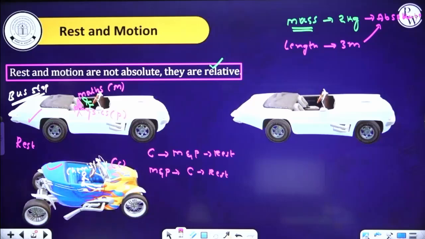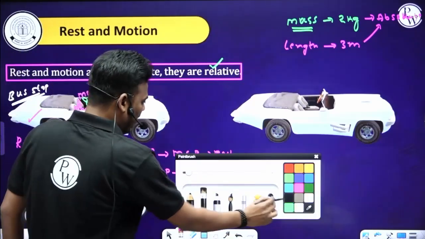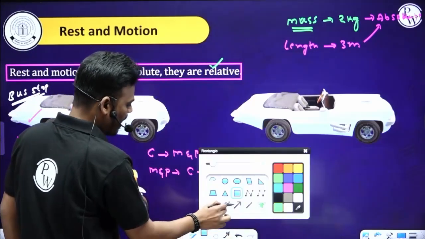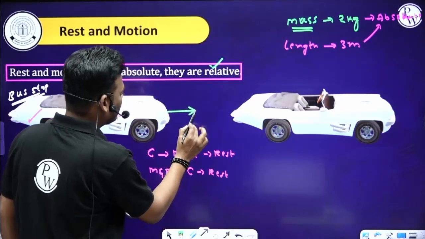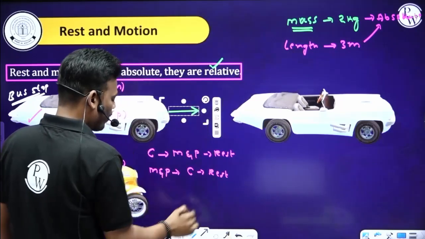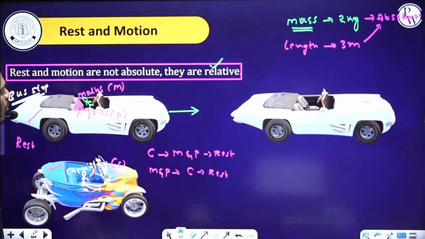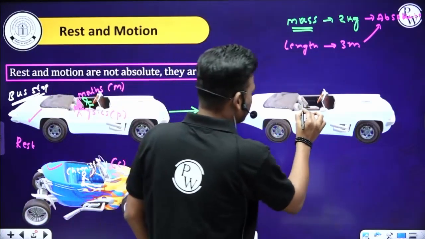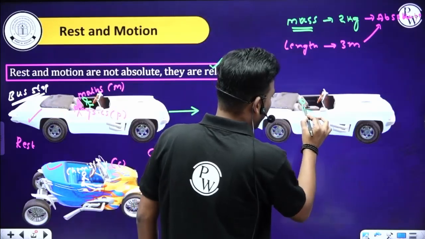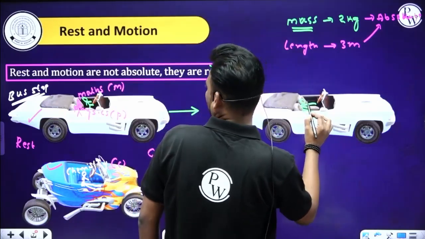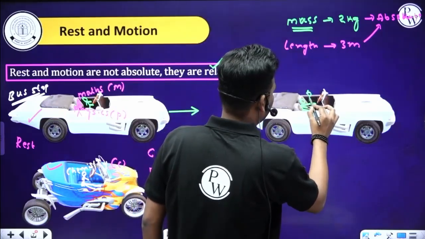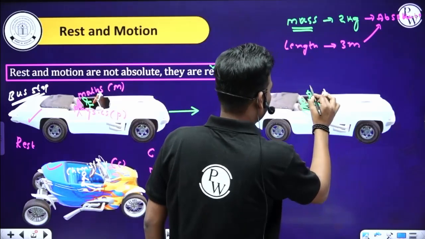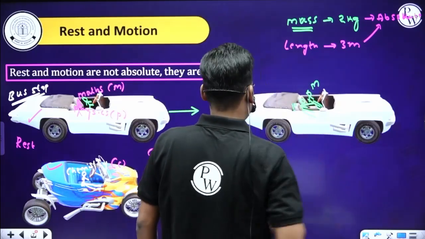Now what will happen? This car has started moving. After traveling for some distance, in this car physics and mathematics are traveling.